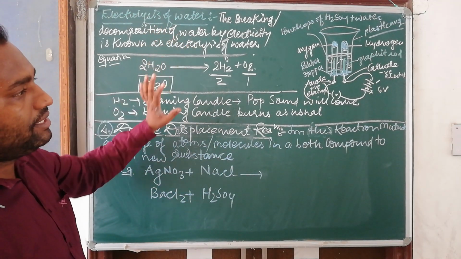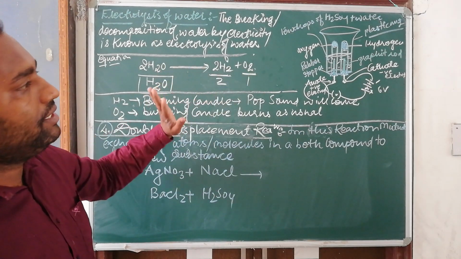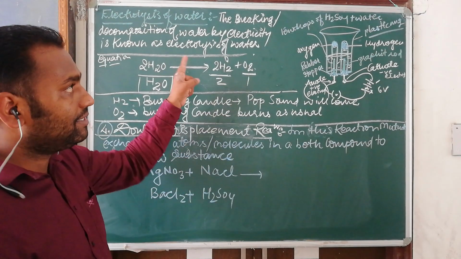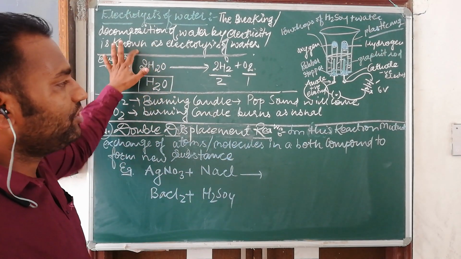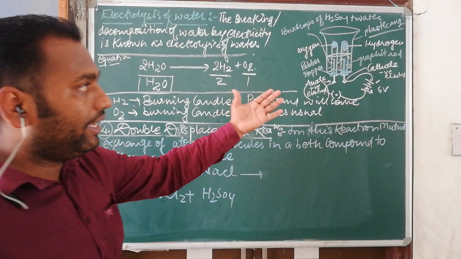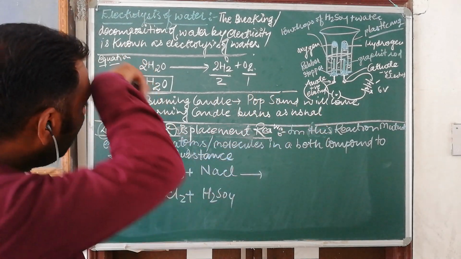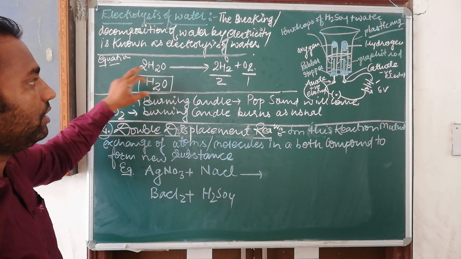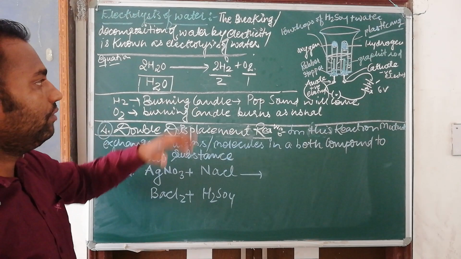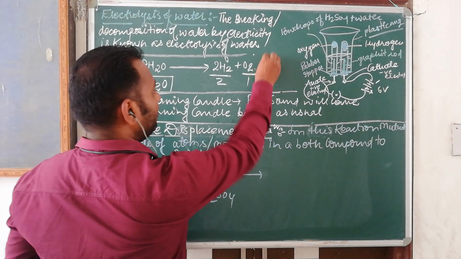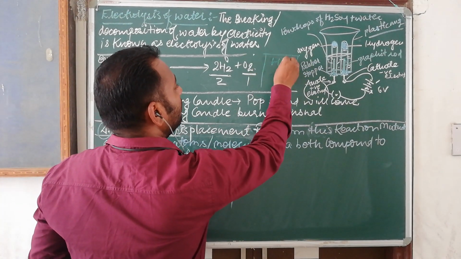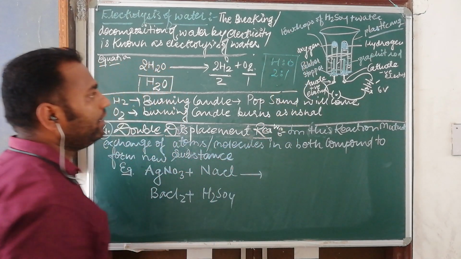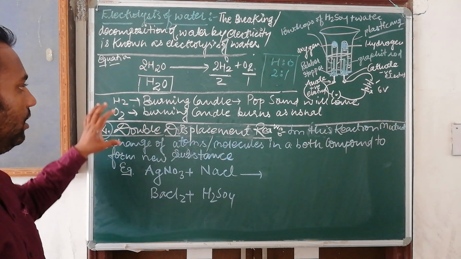I think this is not a huge problem for us. These two or three things are important in electrolysis of water: definitions, a labelled diagram with the cathode and everything, and how 2H2O gives 2H2 plus O2, and the ratio. You also have to write the ratio: H to O is 2:1. This is our ratio for hydrogen and oxygen, with the burning candle test.